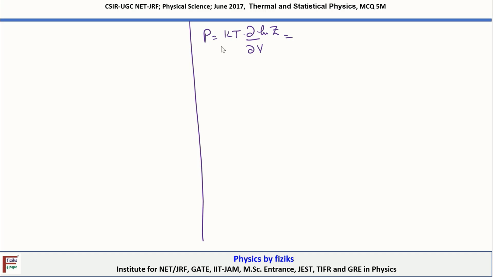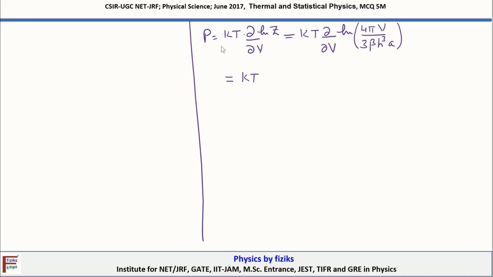So this is equal to kT times the curly derivative of ln of 4 pi V upon 3 beta h cube a, and then the differential with respect to volume.